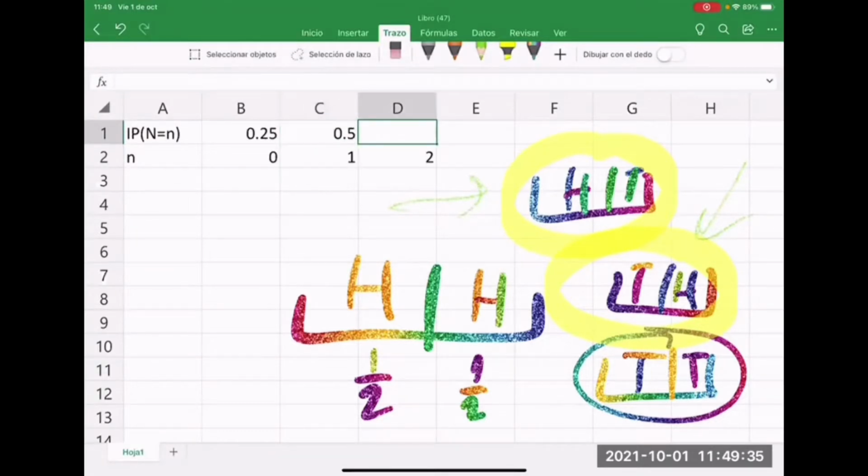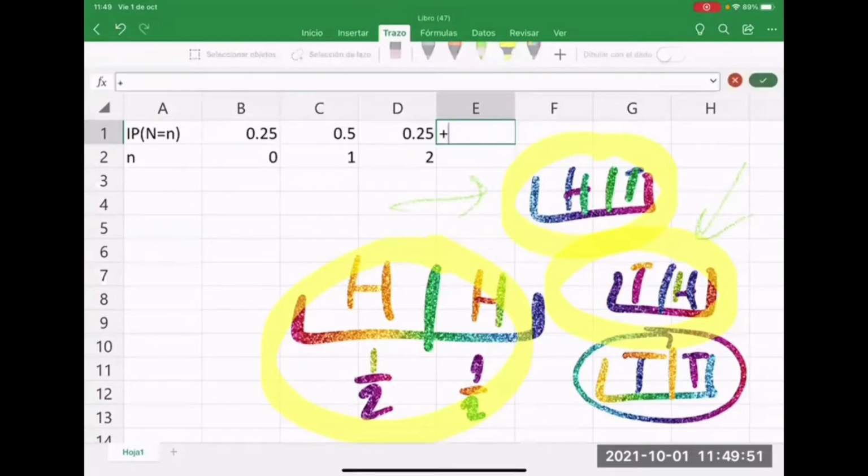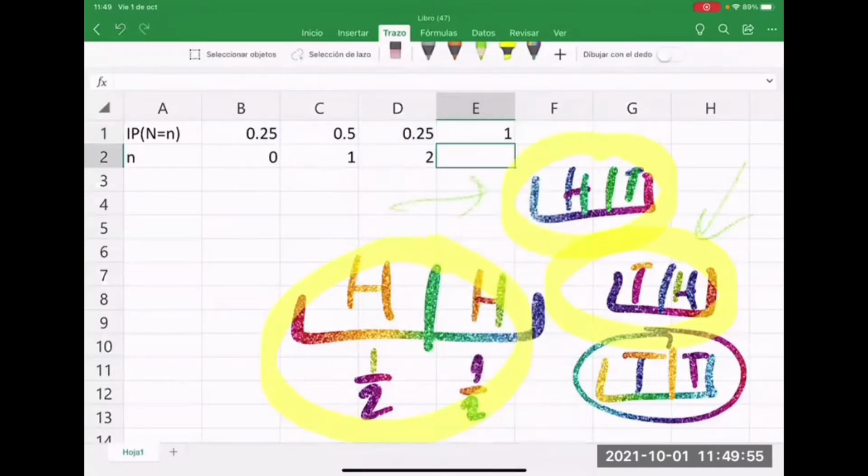And finally, the probability of getting exactly 2 heads is just this event here, and that is also 1/2 times 1/2, that is 1/4. As we can see, the sum of all this is just 1, and we are correct.